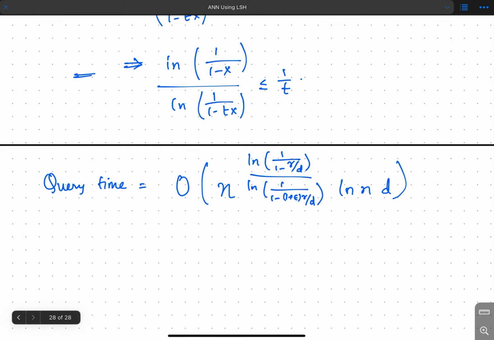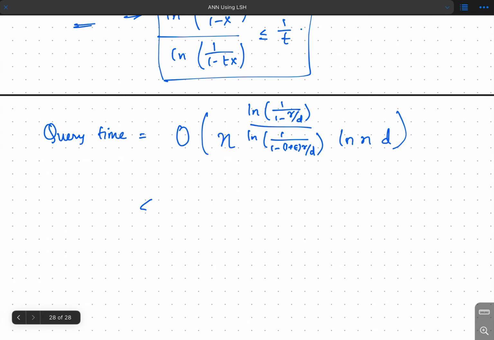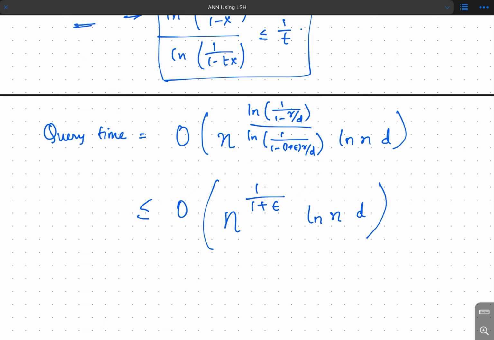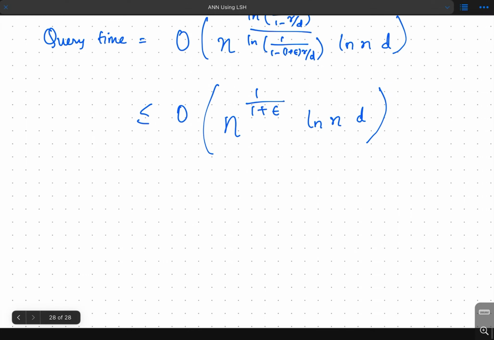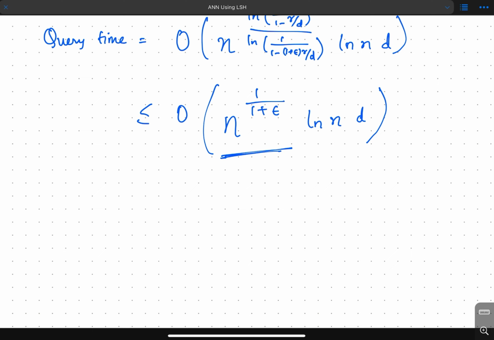Now we use this identity with x equal to r by d and t equal to 1 plus epsilon. Then this will turn out to be O of n power 1 by (1 plus epsilon) times ln n times d. Okay, so this shows that the query time we have is sublinear in n.